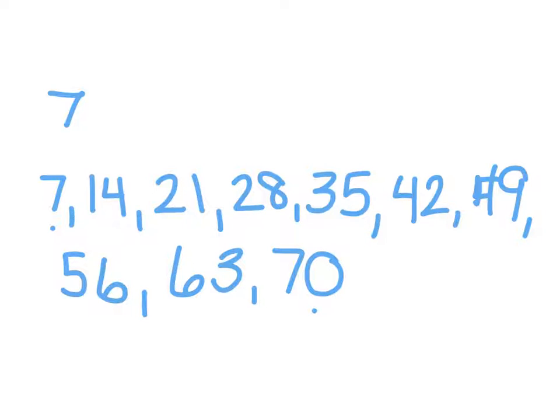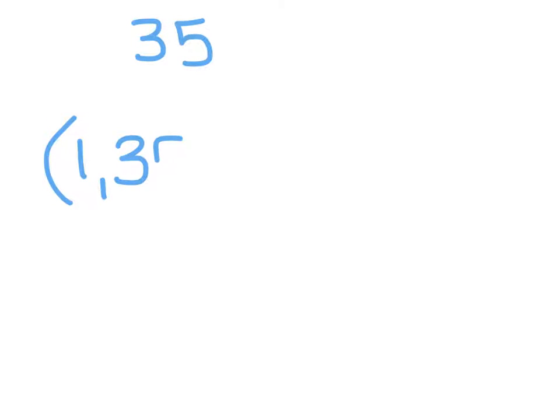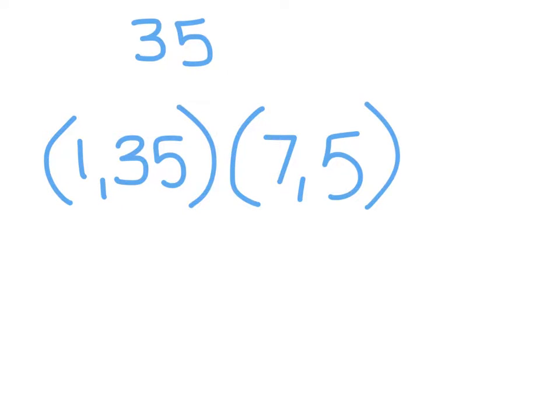So we've reviewed factors. Remember, factor pairs are sets of numbers that, when multiplied together, give us a product. So for one final example, the factor pairs for 35 would be 1 and 35, and 7 and 5.